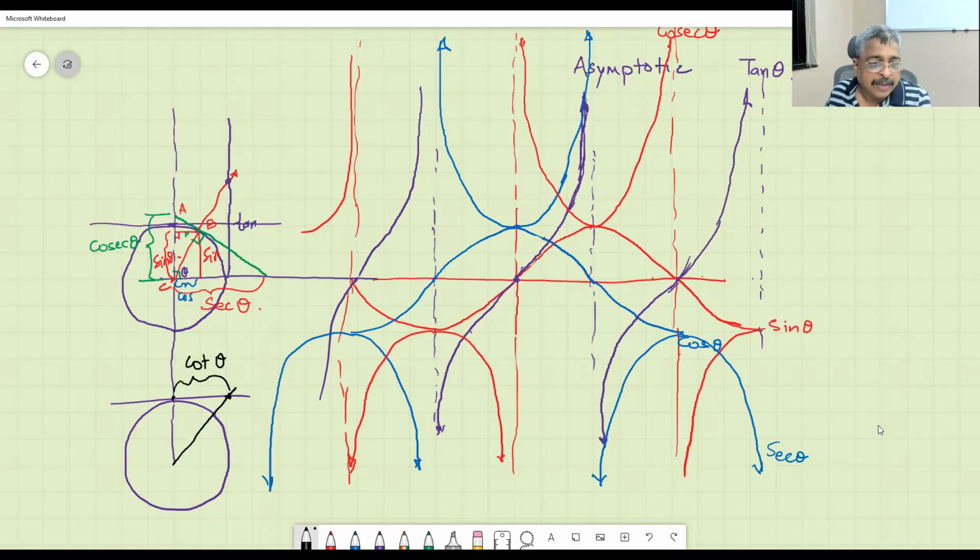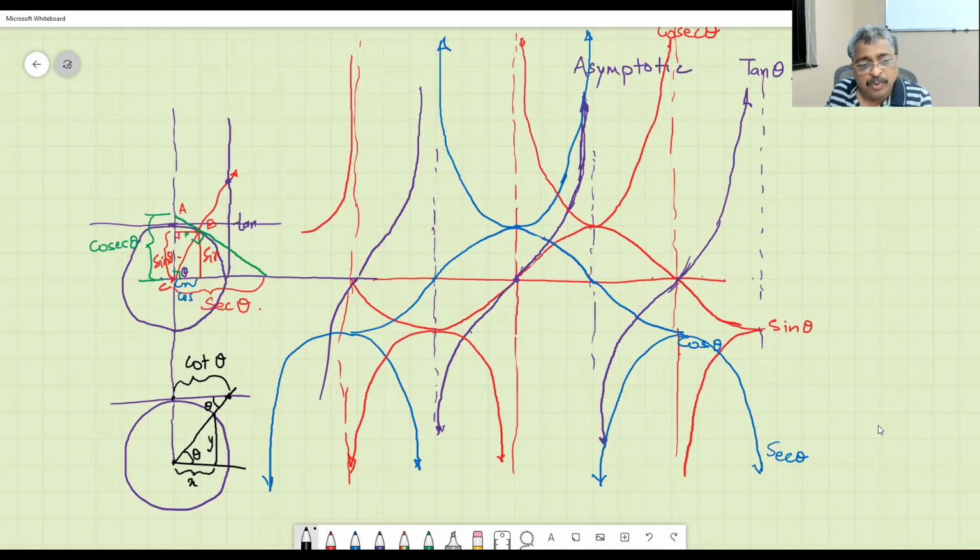Why? Because this angle is theta. This is 1, and if this angle was theta, then this is x and this is y.